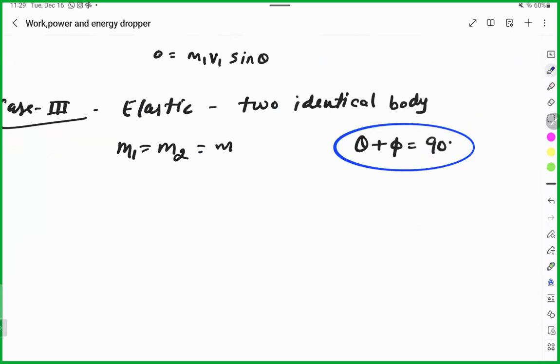Both angles will be exactly 90 degrees. They will move perpendicular to each other, nothing else. Understood? Any doubt? We are just left with a 10-minute topic, then we can solve questions. Just give me 2 minutes.